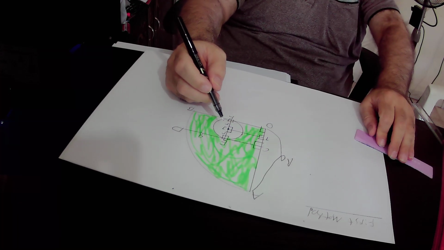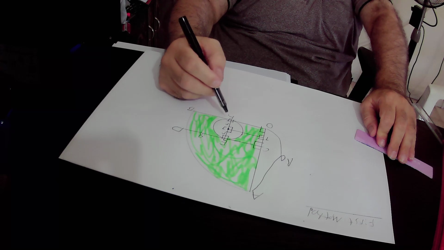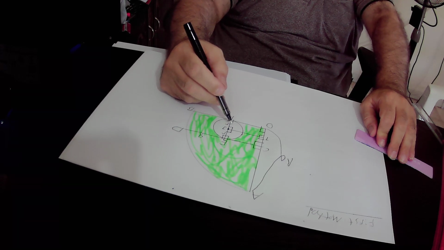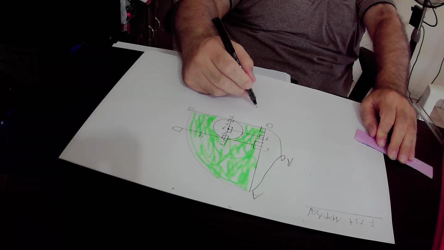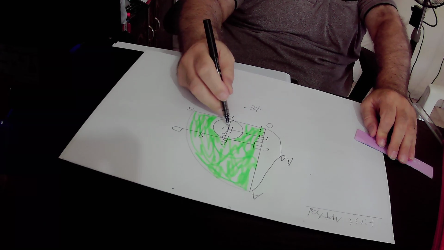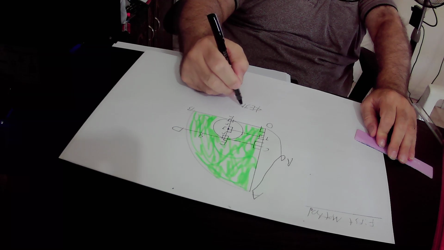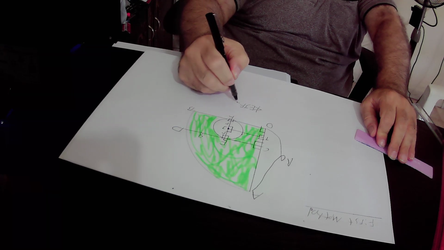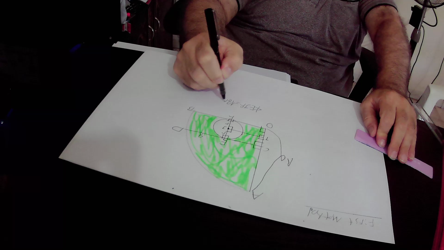So I actually found out that angle EJT is equal to 90 degrees plus 90 degrees, which is 180 degrees. Angle EJF equals 180 degrees.